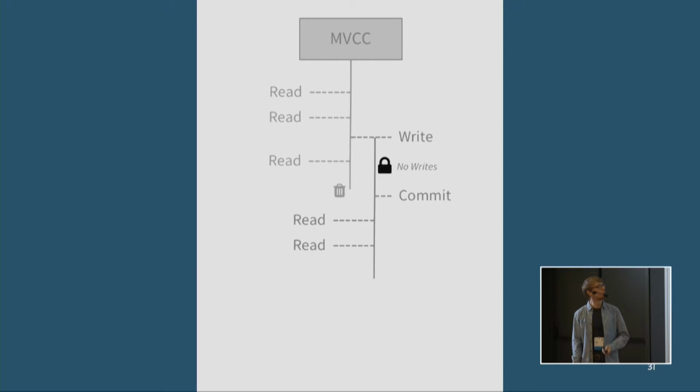So with MVCC, this looks a bit different. We have our reads again, and then we make a write transaction, and we only need to block writes, overwrites in that case, to ensure that we have one path to our data and no forks in different versions. But at this point, we fork our data and make a new version, while you can still read on the old version.